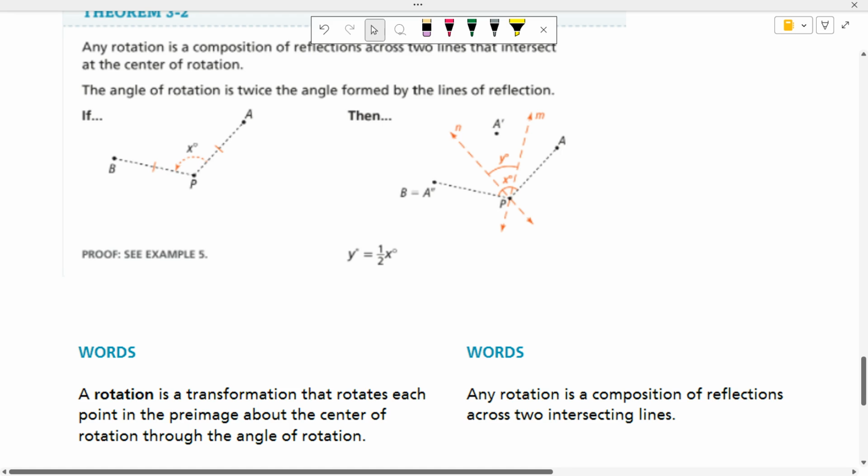So, if you have two reflection lines cross at the point of rotation, reflect and reflect, what happens is the new point will be half the angle of the difference of, well, if you go this far and then you go this far, if you reflect here and then you reflect here, that angle will be twice the amount of the angle in between the angles of rotation.